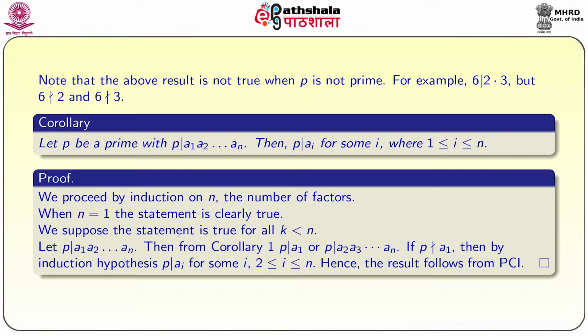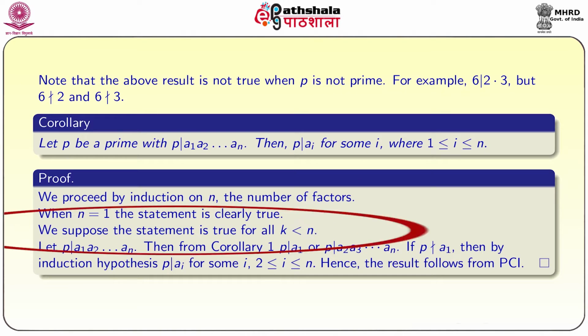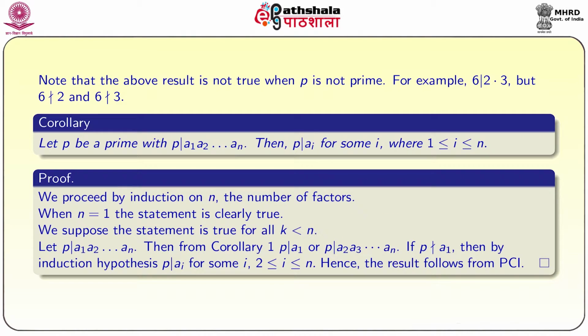We will prove it by induction on the number of factors in that product, that is a1, a2 and so on up to an; there are n factors. For n equal to 1, the result is clearly true. Suppose the statement is true for all k less than n. Now if we assume p divides a1 a2 ... an, then from the corollary we saw that p divides a1 or p divides a2 a3 ... an.